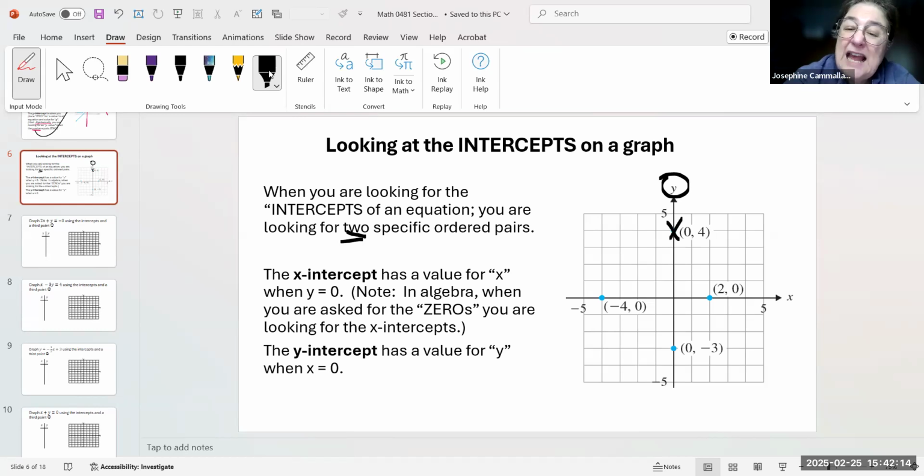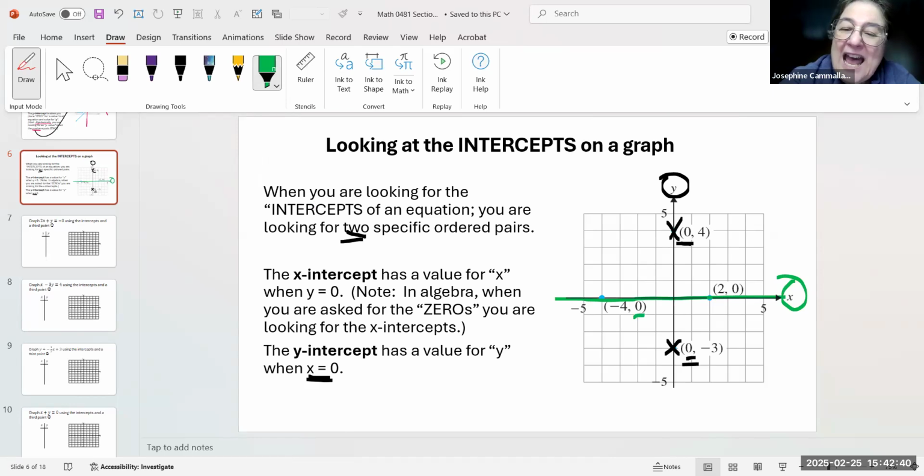This point and this point are y-intercepts. And if you'll notice, my x value is 0. When I look at my horizontal line, notice that's my x.